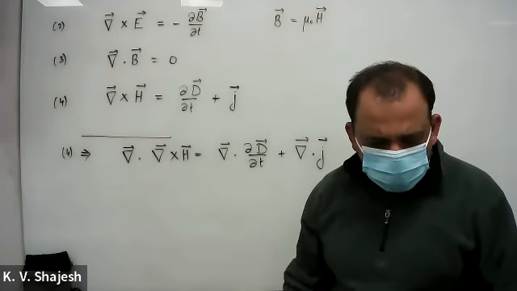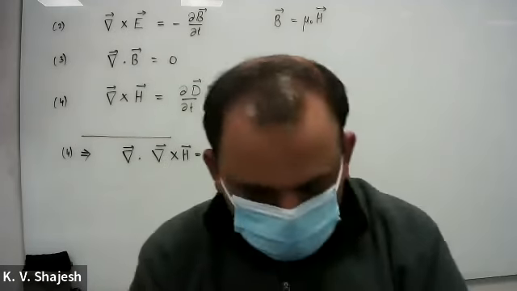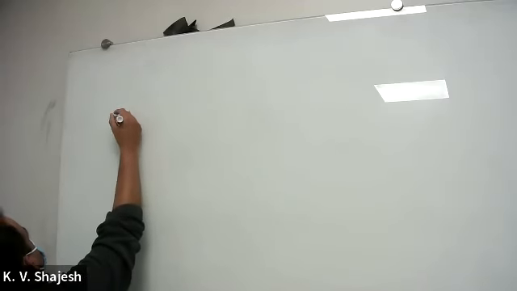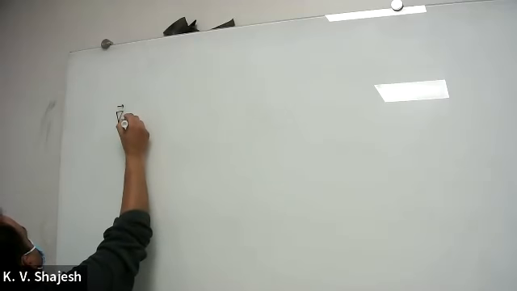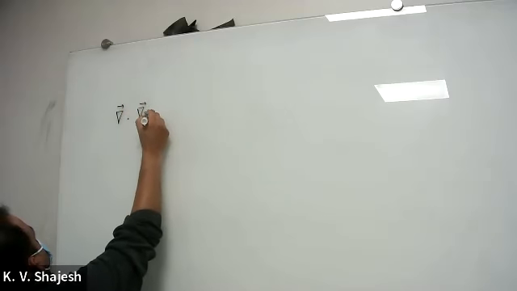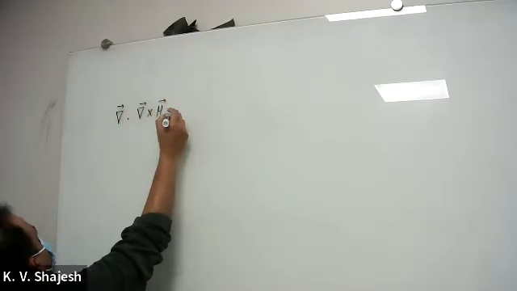Mathematically, we have one way to see this. It's good to sometimes see it mathematically too. So we have the divergence of a curl. It's something like this. Any vector in principle, it doesn't have to be the magnetic field.